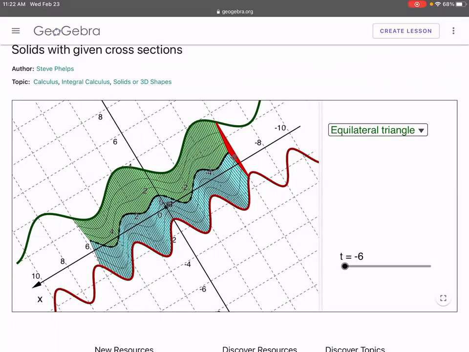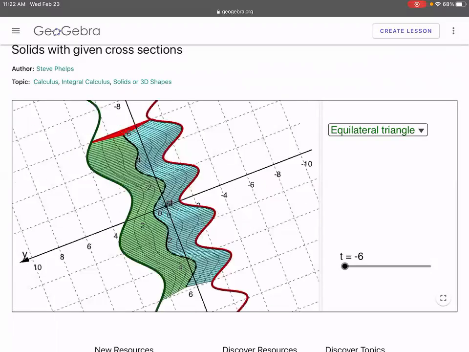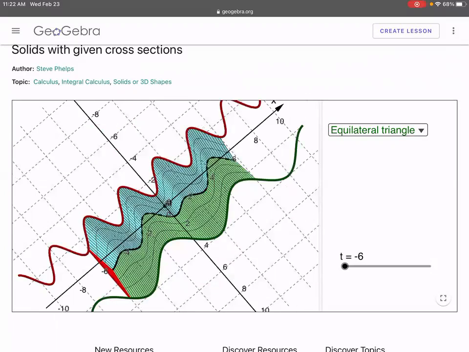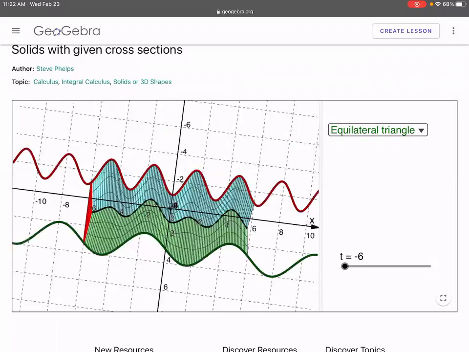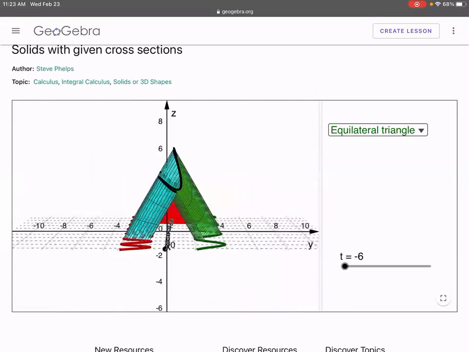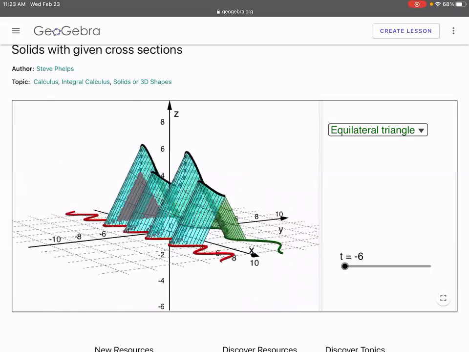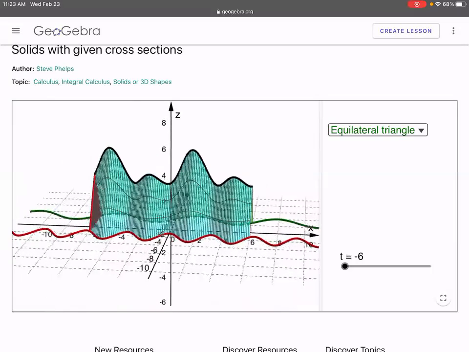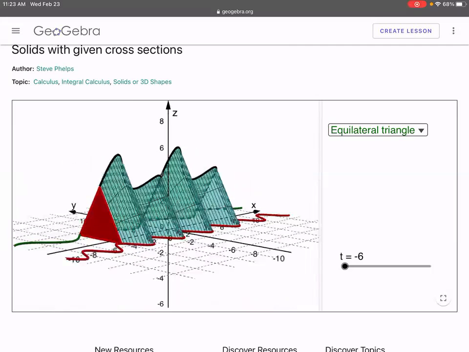And from our region, we are going to raise up. There we go. Do you see how I raise up these triangles? As I go through, the triangles change shape based on how far apart those two curves are. So the further apart the two curves are, the bigger that triangle is going to be. You see what I mean?